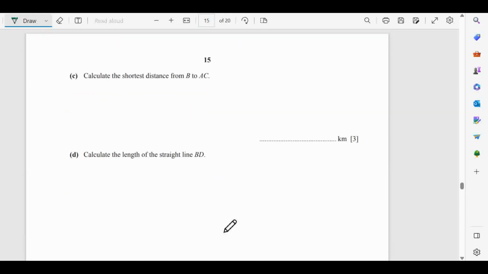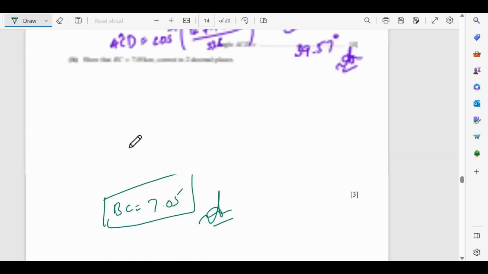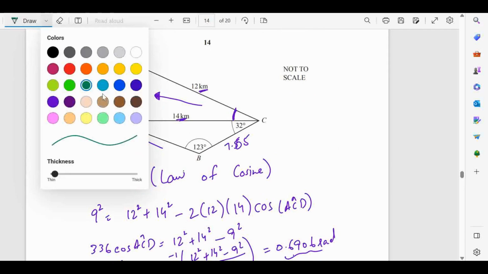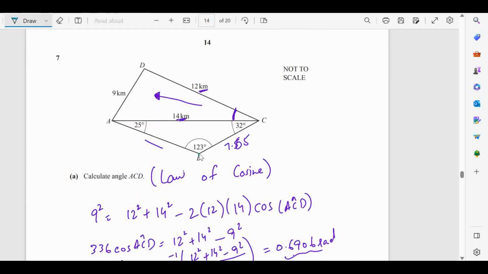Calculate the shortest distance from B to AC. Now we know that the shortest distance from B to AC must be this one. This must be the perpendicular distance, because we know that the perpendicular distance will be the shortest distance.